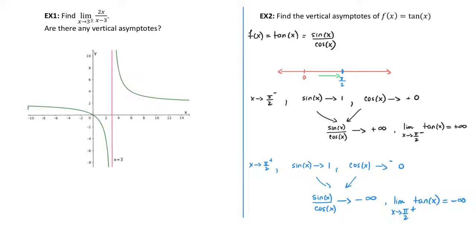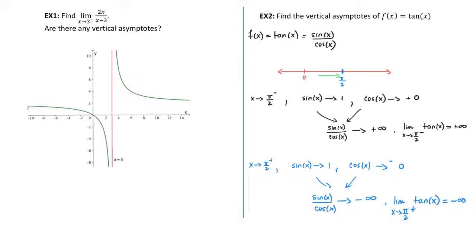And we know that trigonometric functions are periodic. So whatever happens around pi over 2 is going to happen every pi n, because pi is the period of tangent. That means that pi over 2 is not the only vertical asymptote.